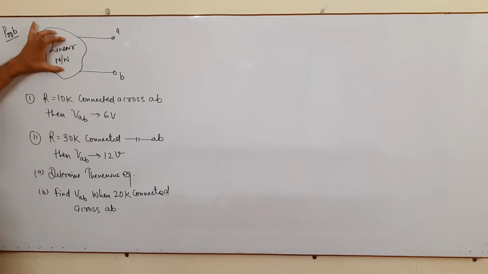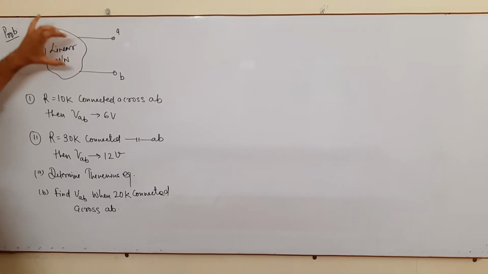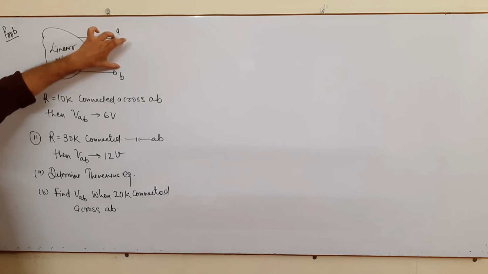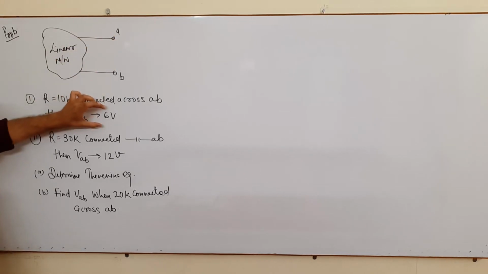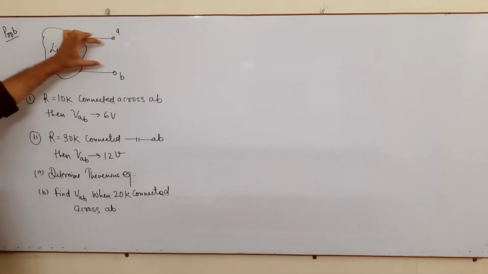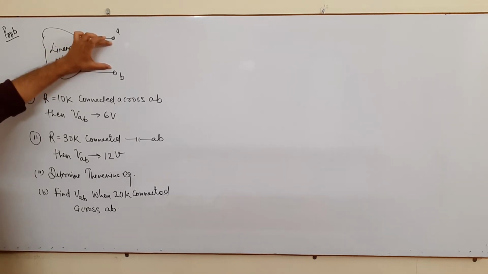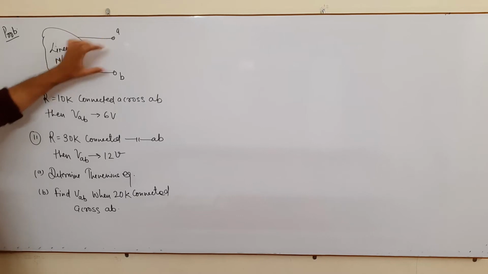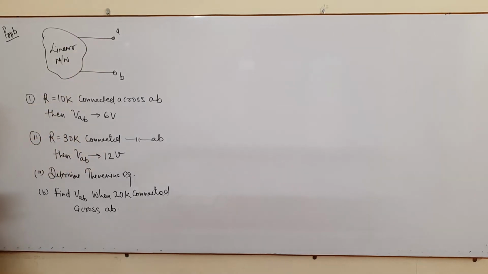We don't know what that linear network is, but when a 10 kilo ohm resistance is connected across this terminal, the voltage VAB comes to be 6 volt. Similarly, when a 30 kilo ohm resistance is connected across these two terminals, then VAB comes to be 12 volt.